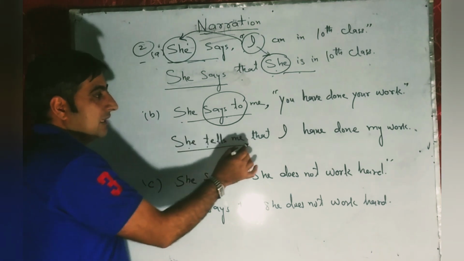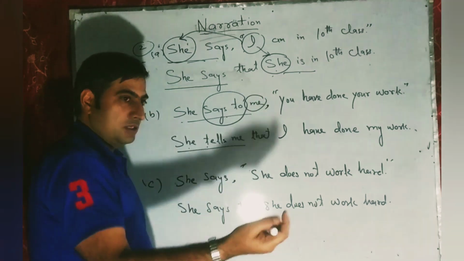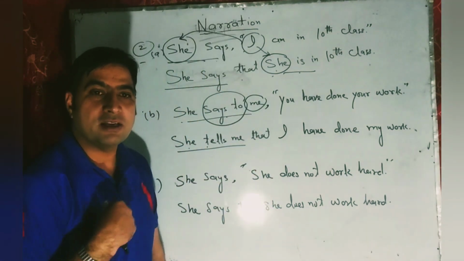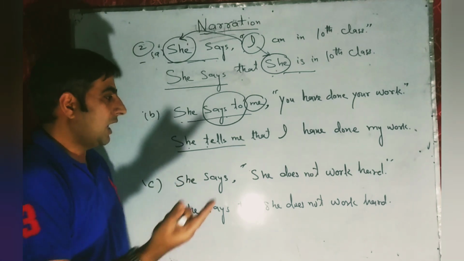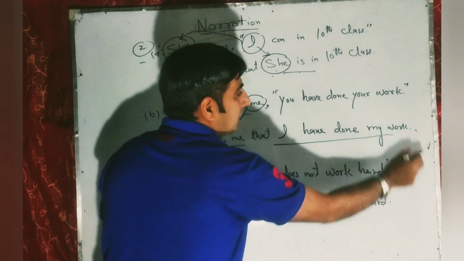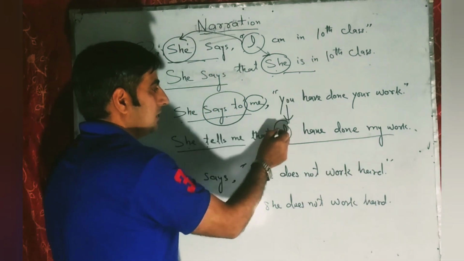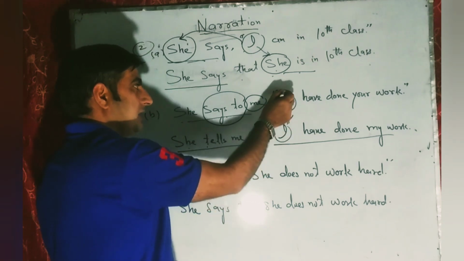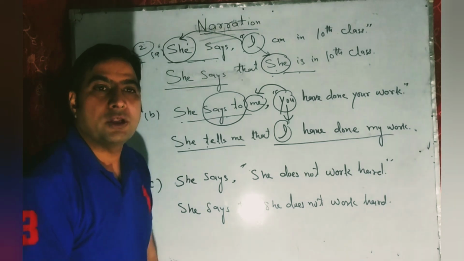She tells me that I have done my work, because here it is me. She says to me. When it is to me, this me will change into I. So she tells me that I have done my work. This you changed into I because this is the second person, and the second person is changed according to the object of the reporting verb.